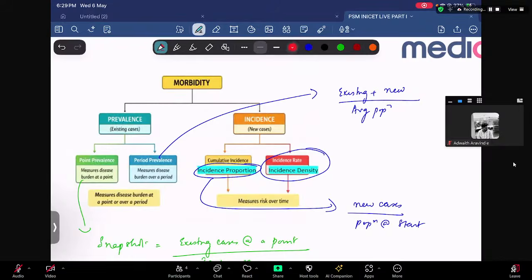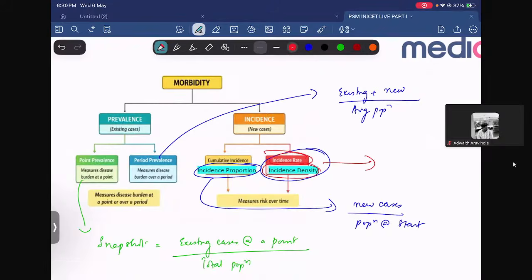And incidence rate or incidence density, both are the same, just different names of the same thing. This is the one which involves what? Total person time in the denominator. Numerator is always new cases. So these are the different measures of morbidity.